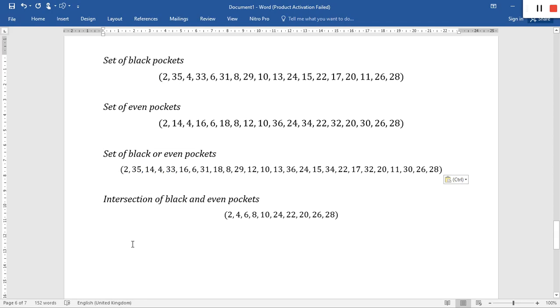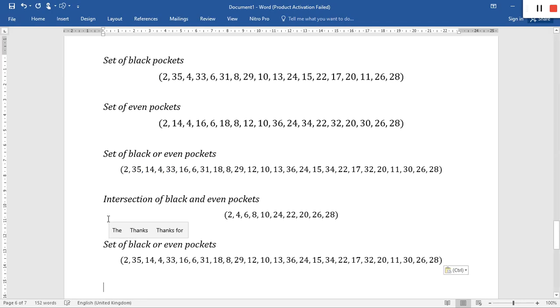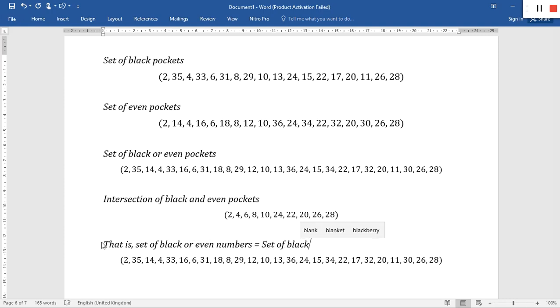Okay, yes. Let me just indicate that. So I would say that the set of black or even numbers is equal to the set of black pockets, it should be even pockets, the set of black pockets plus the set of even pockets, minus what?